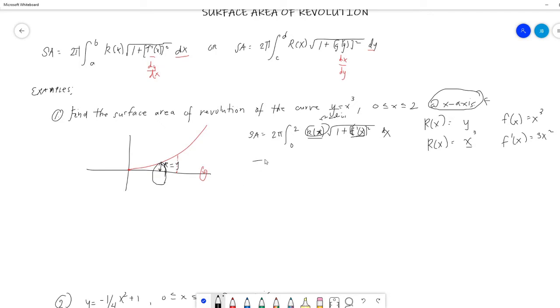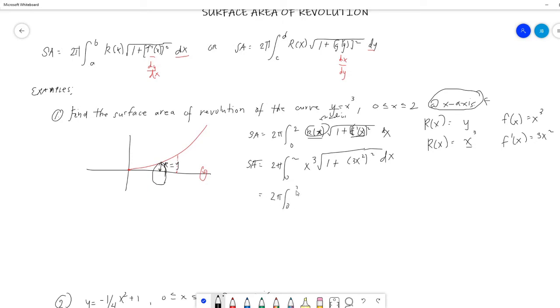Now we can already solve the surface area. 2 pi from 0 to 2. Once again, your r of x, or your radius, is equivalent to x cubed. Then square root of 1 plus 3x squared, dx.